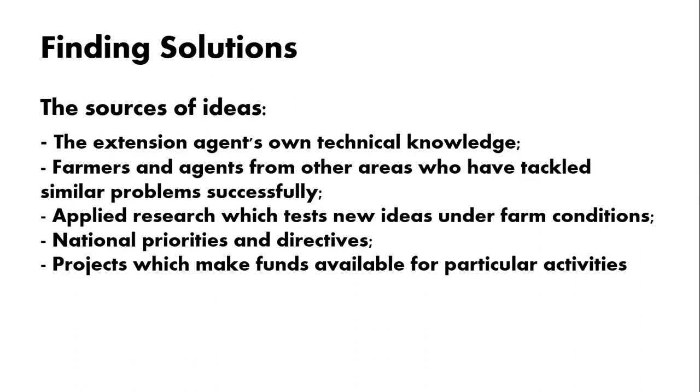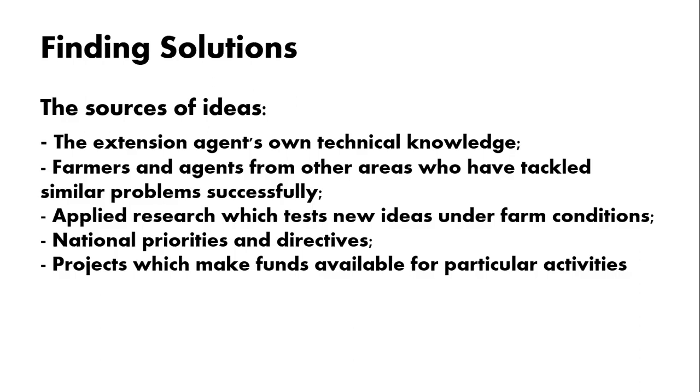And also applied research, which already tests new ideas under farm conditions, and then you can find the solutions. And the national priorities and directives also give guidance. In the national priorities, they are guidance: these are the areas you want to consider in these 5 years, and these are the crops you want to implement in higher capacity or in an intensive manner this year, or like that.